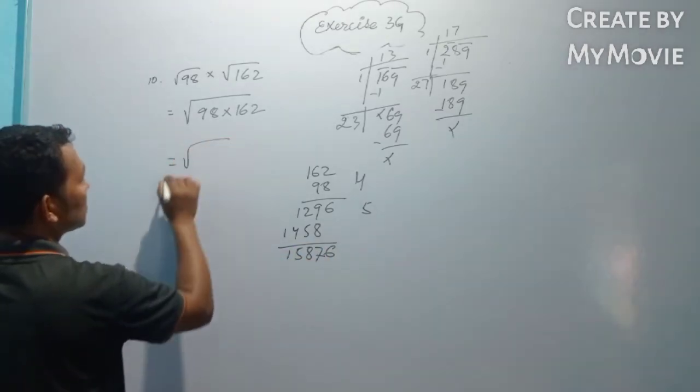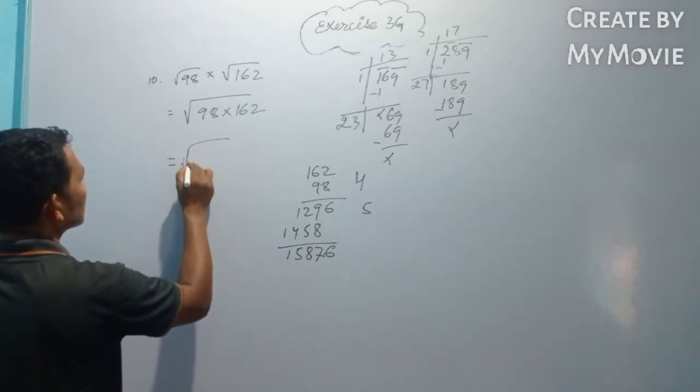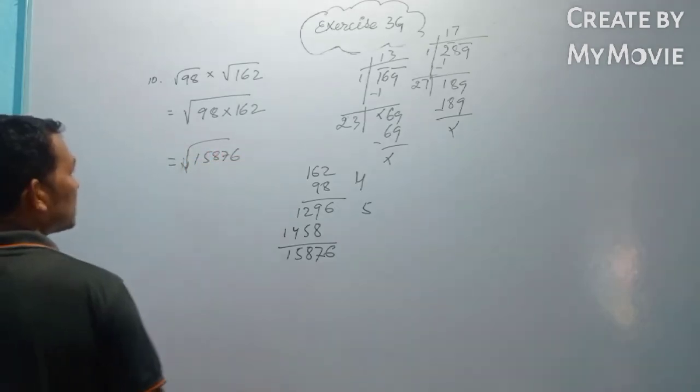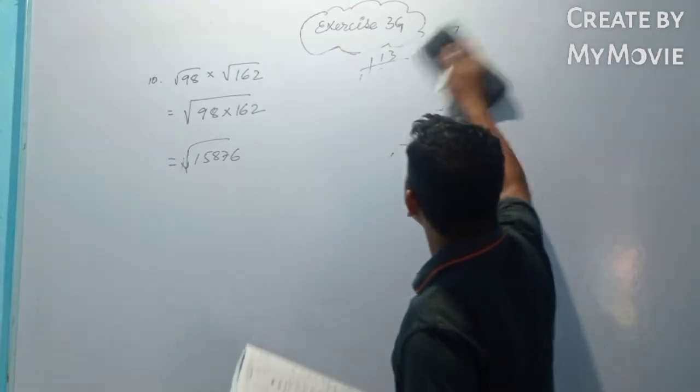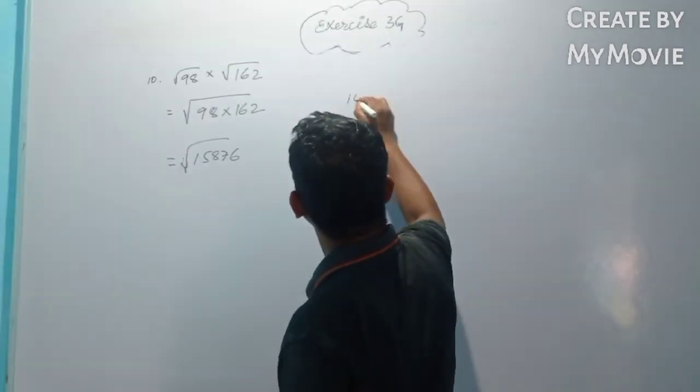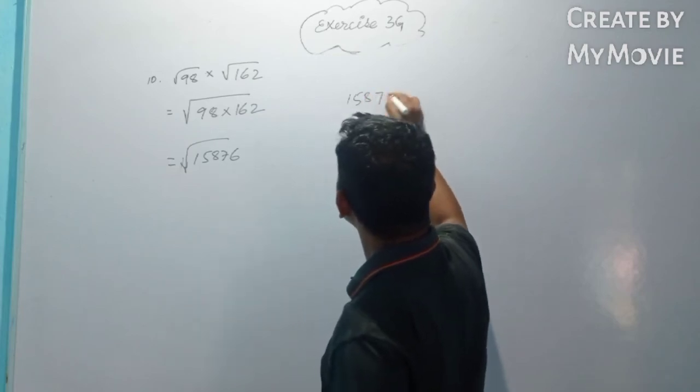So square root of 15876. So find the square root of 15876.